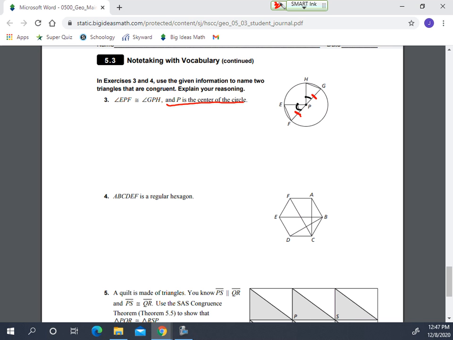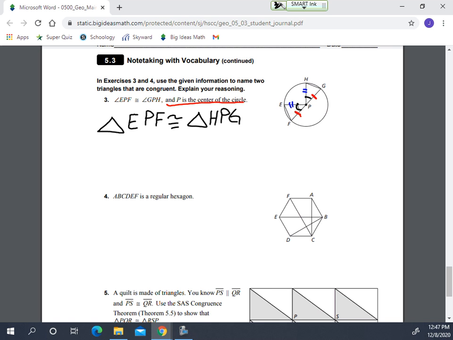Well, if we have our side length and those angles are the same, then PH and PE have to be congruent. So what triangles are congruent? Triangle EPF is congruent to triangle HPG.